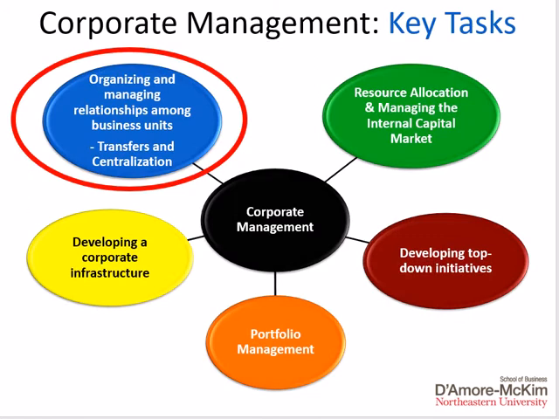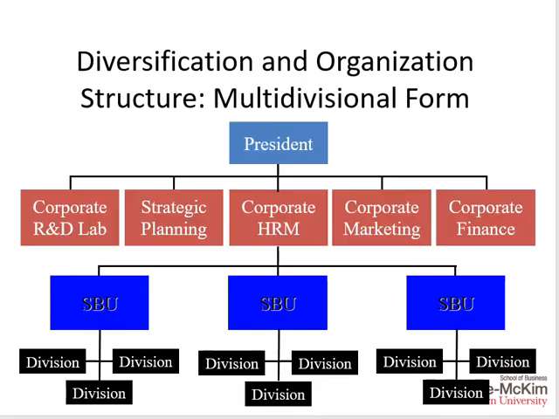Designing this corporate structure represents one of the key tasks for corporate headquarters in terms of organizing and managing the relationships among business units, as well as the transfers across business units and the centralization and/or decentralization of decision-making authority. When we get to a diversified firm or multi-business firm, the most typical structure is a multi-divisional form, where the president in light blue and the corporate functions in red represent what happens at headquarters.